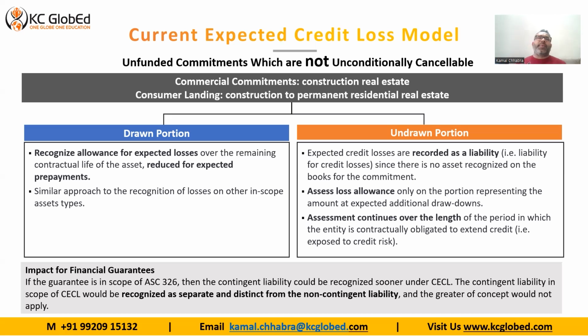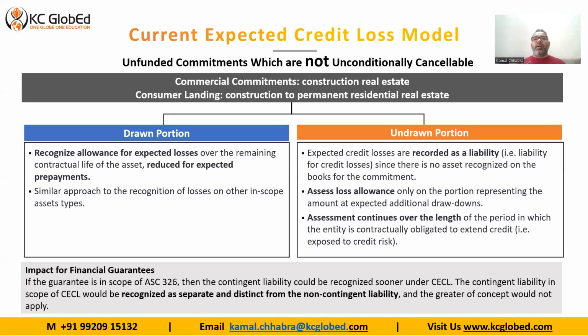So that is the difference between drawn and undrawn portion. Drawn portion is on the underlying asset. If there is no underlying asset, then it comes only under undrawn portion. For undrawn portion, only if there is a liability in future, then you need to book that in advance. In very simple, layman language, if I say. Make sense?